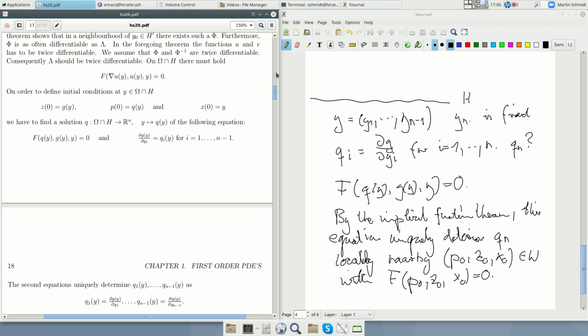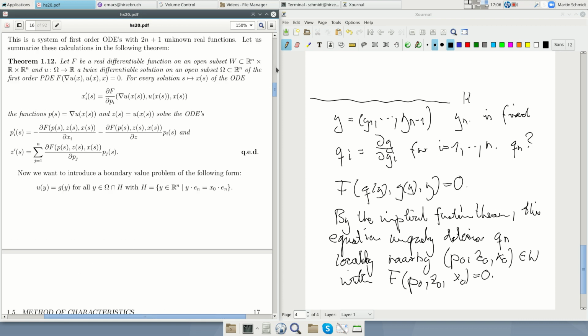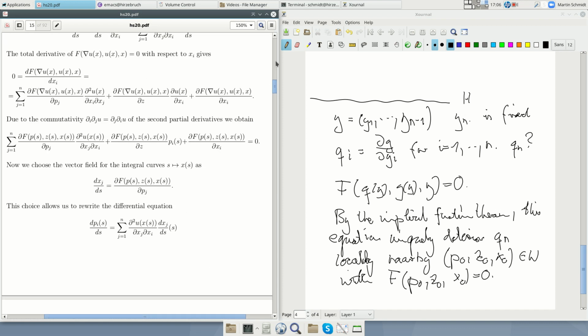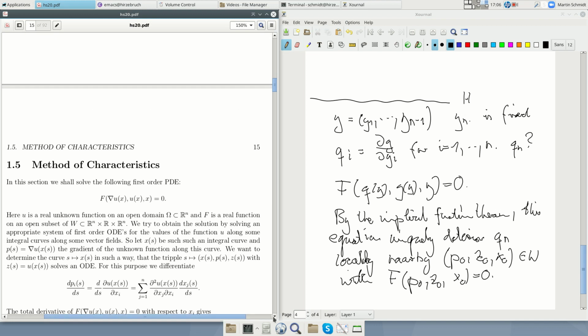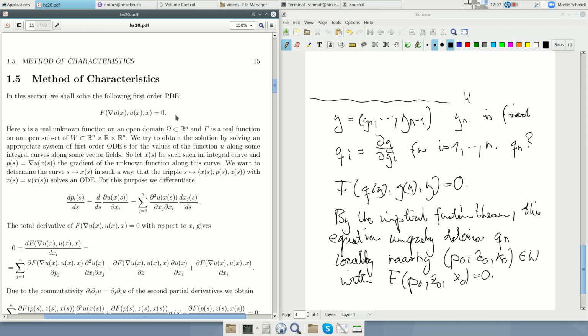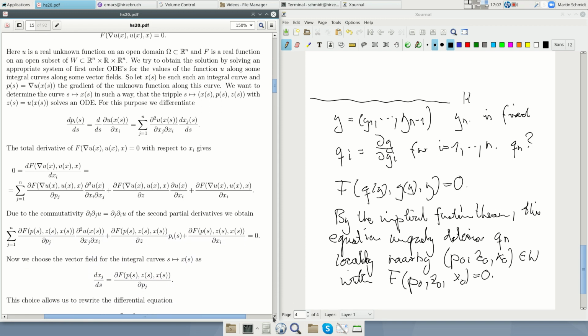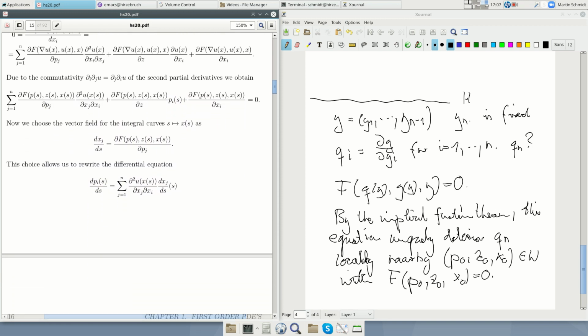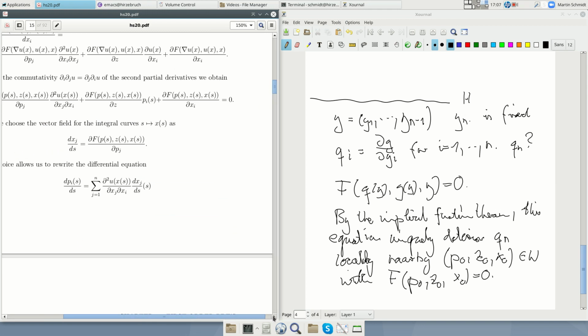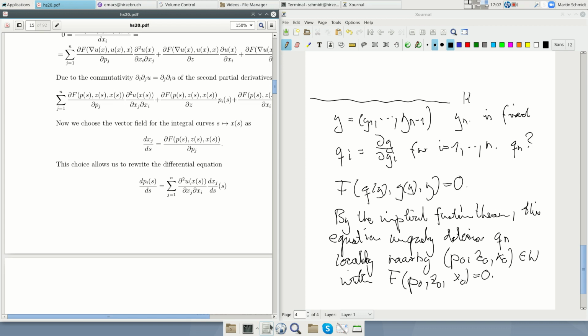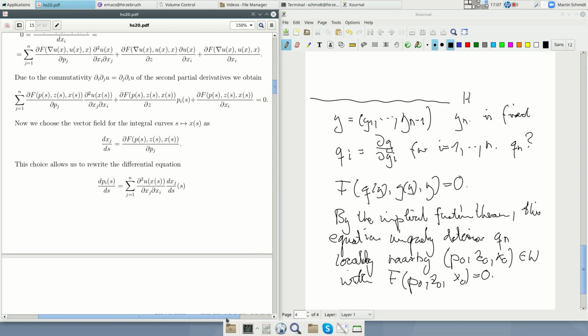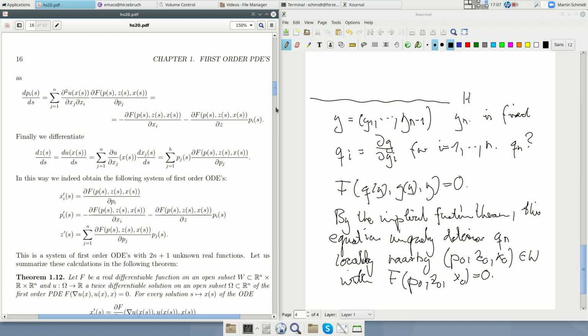Let's recall what we have done today. We introduced our first order PDE, a PDE on one real function, of a very general form. Then we assumed that we have given a differentiable solution, and we were able to find an ODE system.